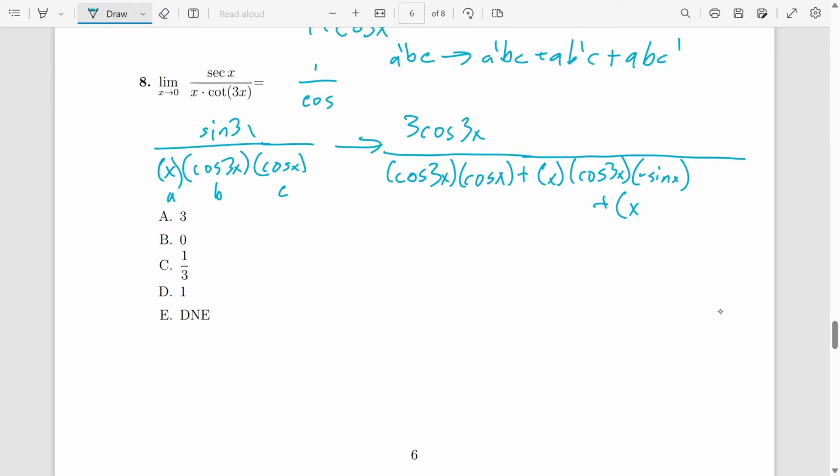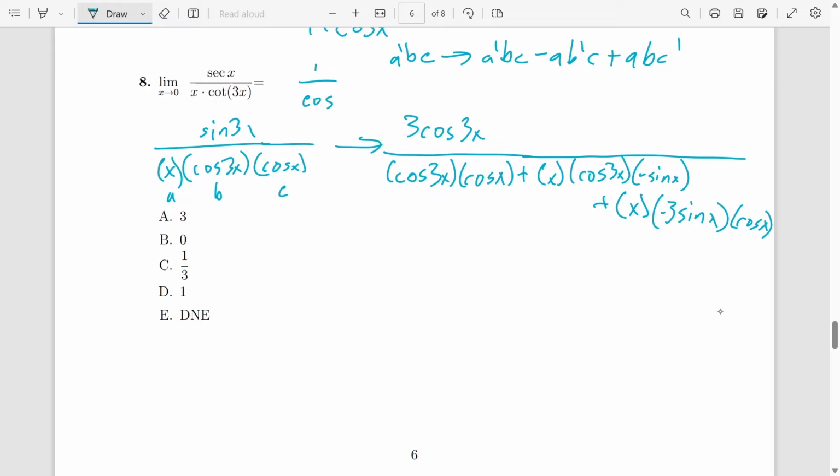I slipped up a little bit, but it's okay since these are all just pluses and it doesn't ruin anything. So a and then b prime. Oh god, this is a chain rule. So this is negative sine x and then times the derivative of the inside, which is just 3. So this is negative 3 sine x times cos x. Dang, that was long.